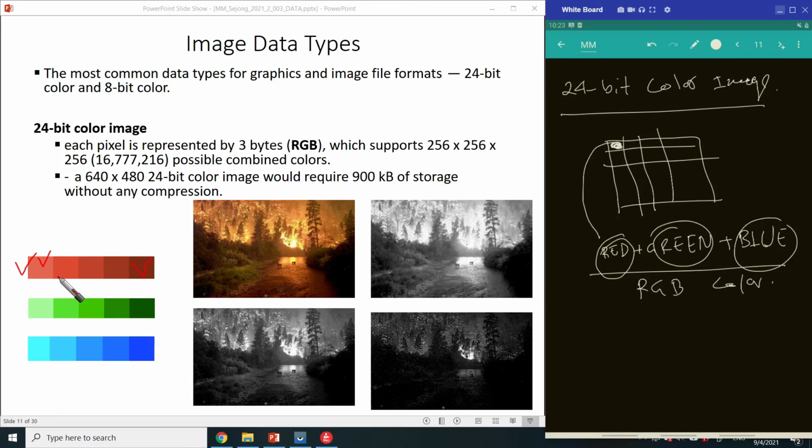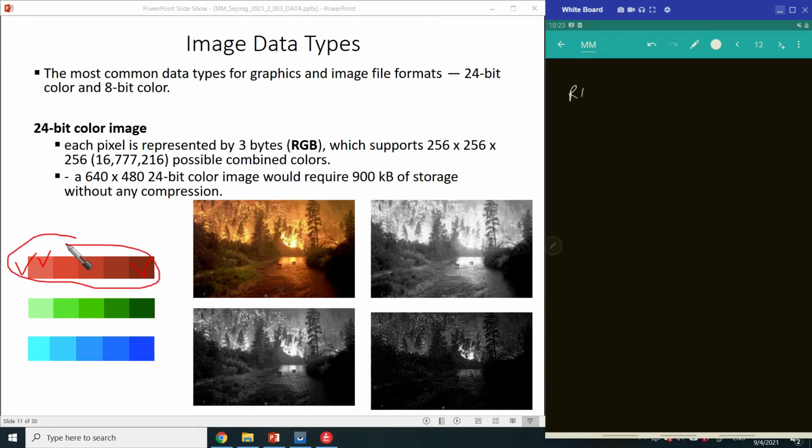Which level? Among red you might have 256 different levels. Similarly in green we might have 256 different options, and in blue we might have 256 different options or levels, right?